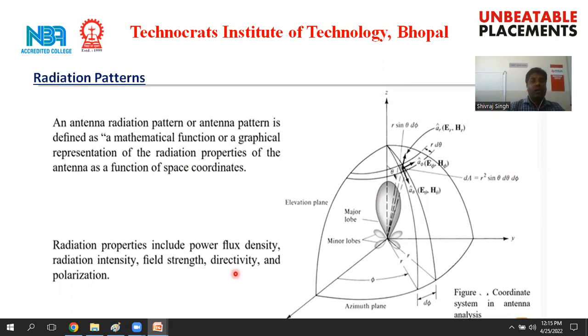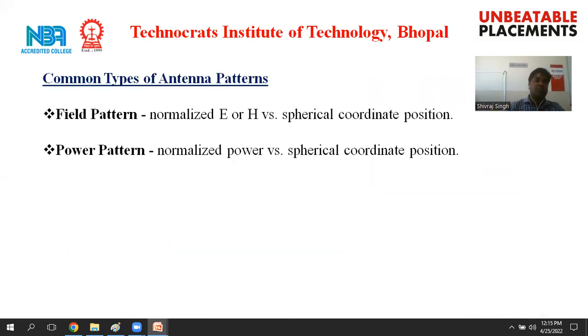There are two types of pattern: the first is the field pattern, and the second is the power pattern.